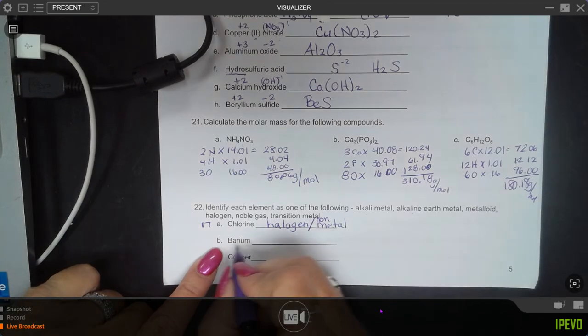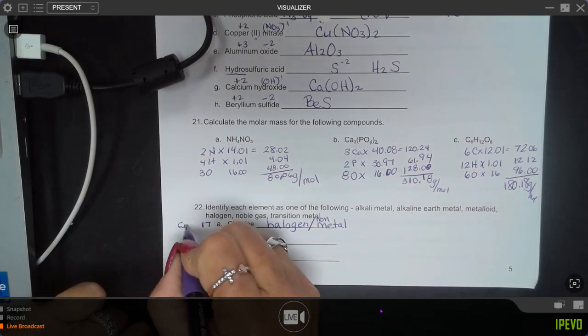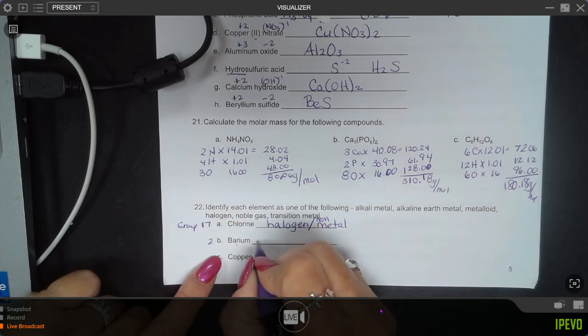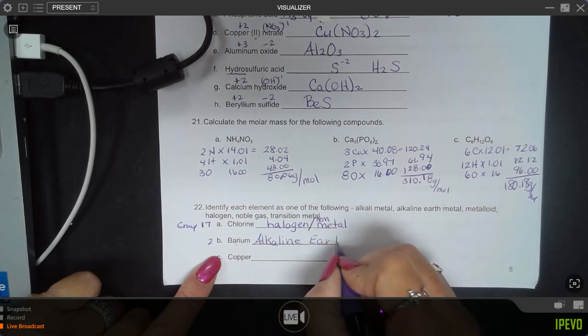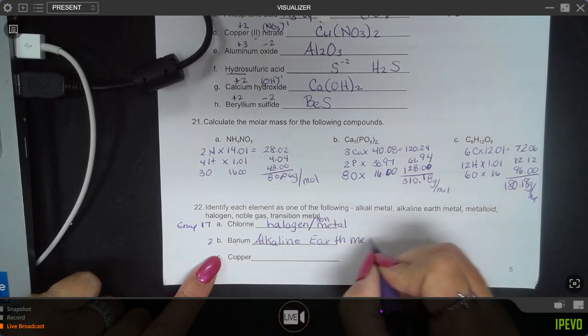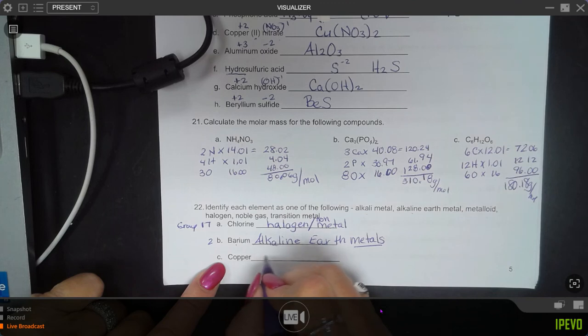Okay. Barium is in group 2. And group 2 elements are alkaline earth metals, which then, of course, is obviously a metal. Copper is in that middle section, the D block, so it is a transition metal.